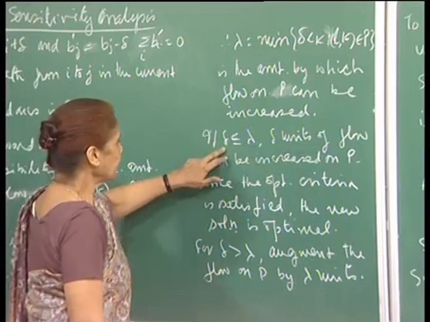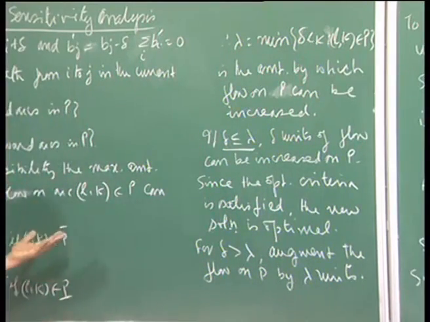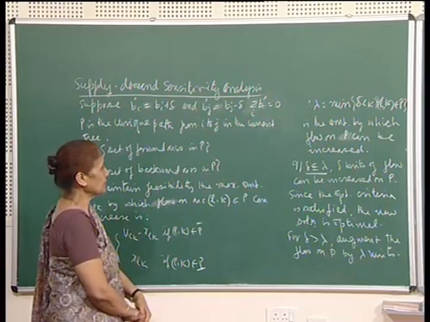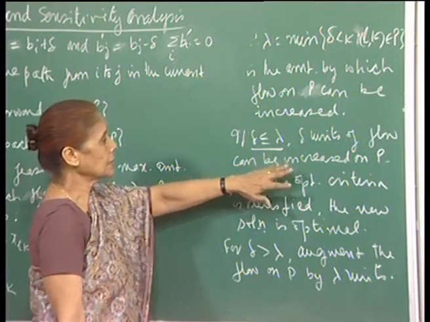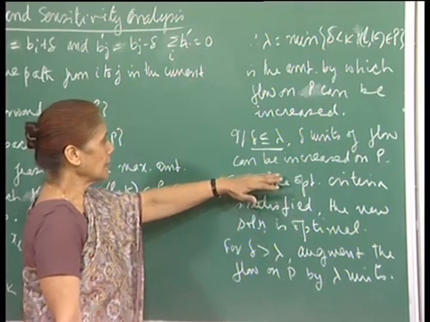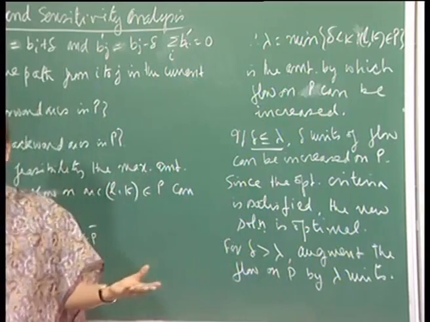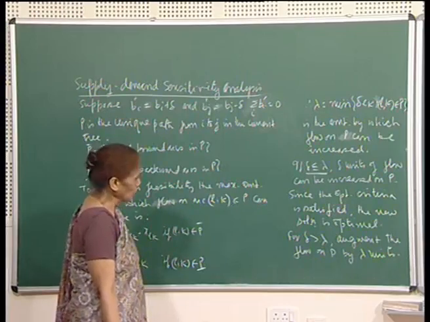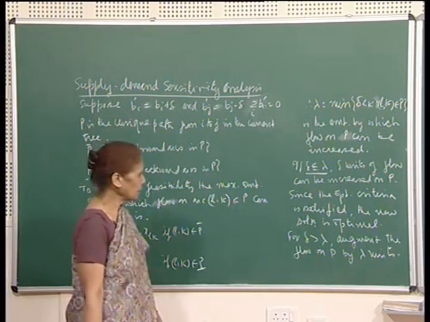So lambda is the augmenting capacity of the path p. Now, if delta is less than or equal to lambda, fine, because we want to increase the flow by delta and the capacity of the path allows it. Then I can increase the flow, and since the optimality criteria continue to be satisfied and I have not disturbed my basic feasible solution, the current solution is optimal.